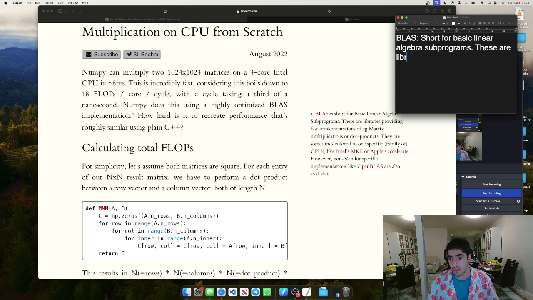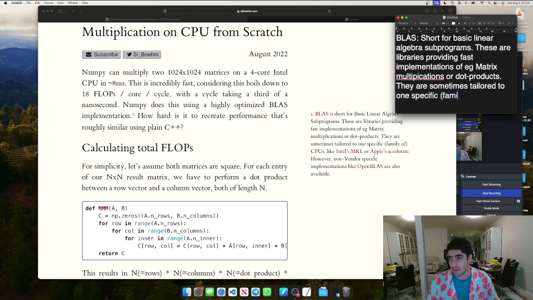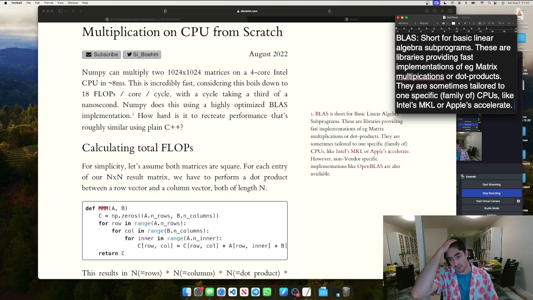These are libraries providing fast implementations of example matrix multiplications or dot products. They are sometimes tailored to one specific family of CPUs like Intel's MKL or Apple's Accelerate. Oh, I didn't know that.